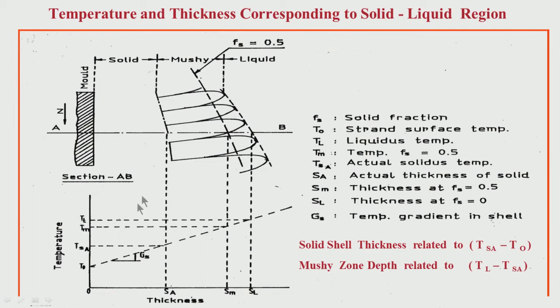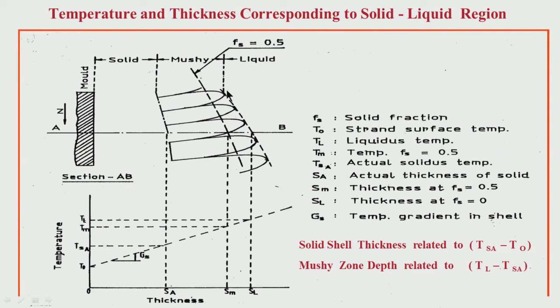This issue I will take up later on. In certain grades you have a thick solid shell and thin mushy zone during solidification, but in certain grades you have a thin solid shell and wide mushy zone, where you have more problems.